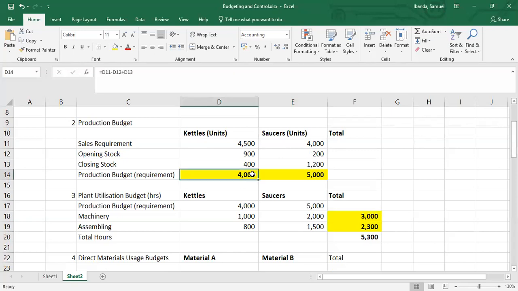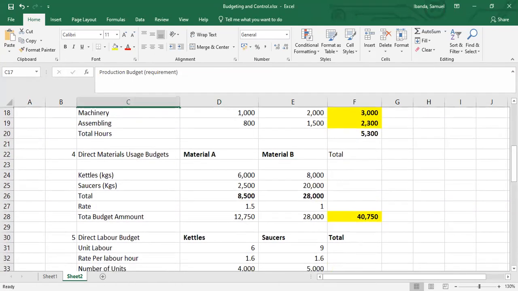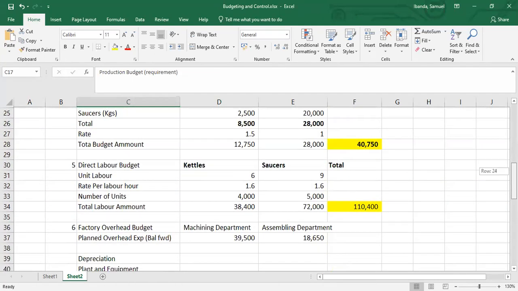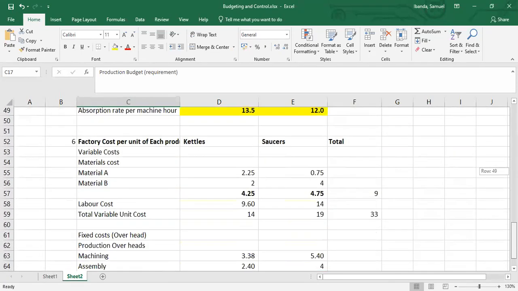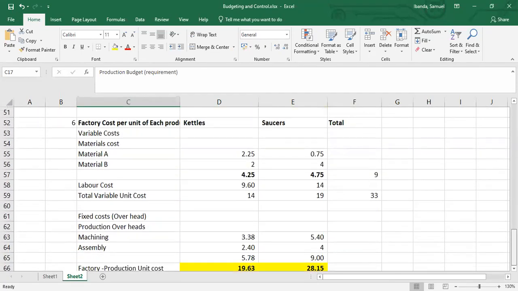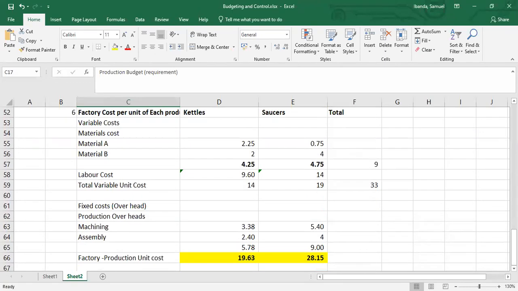We also went ahead to do the production budget, then the plant utilization budget, the direct materials budget, the direct labor budget, the fixed overhead budget, and then I think we finalized with the factory cost per unit of each product in terms of kettles.